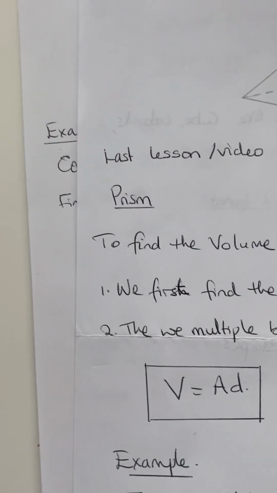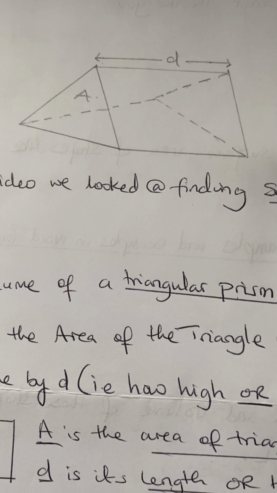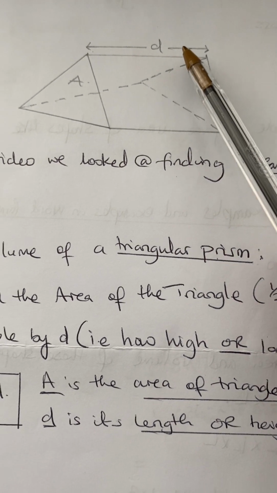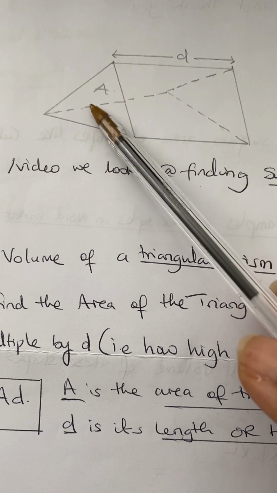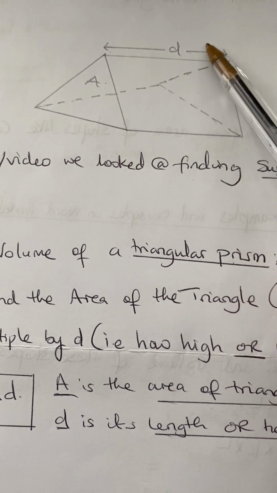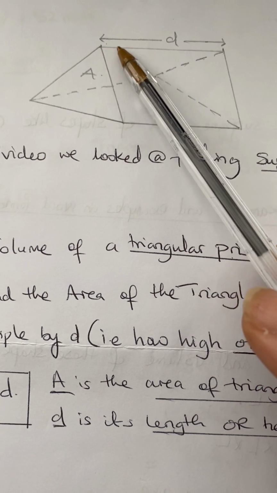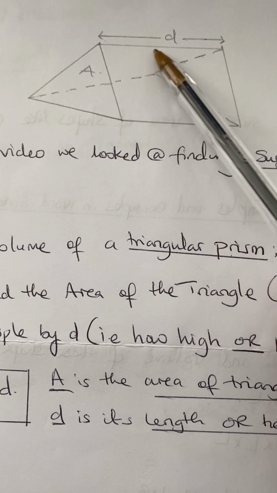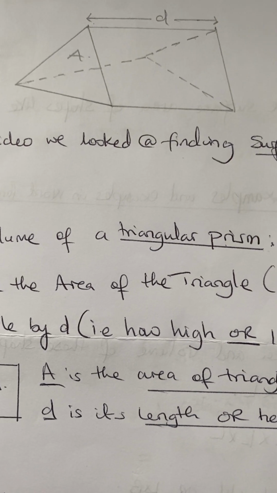And then I introduced you to how to find the volume of the prism. It's the area times the distance, and you saw that sometimes they only label the distance at the top, but they might label it here. It's the same thing.